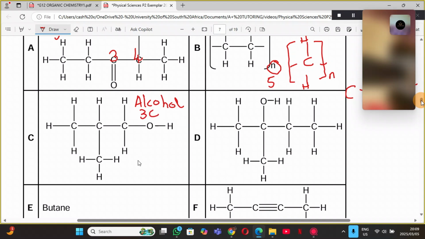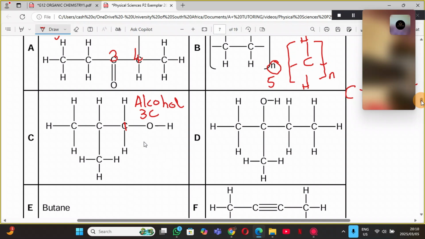So we have 3 C's in our longest chain, right? Remember that an alcohol works the same as how we were naming here, you name with the position of the OH. So you also need the position of the OH. In this case you need to say it's a 1, because it could be in a 2 position. So you need to say it's in a 1.